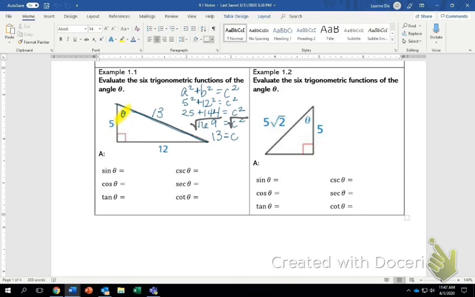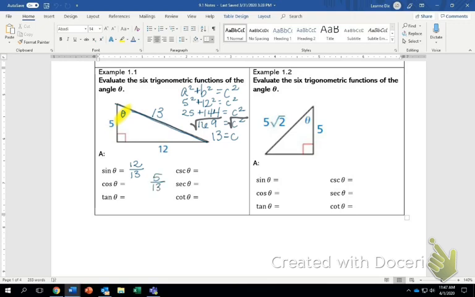It's hard to see now, but that is our theta, so we need to think about all of our information coming from that corner. All right, so our sine, remember, sine is opposite over hypotenuse, so my opposite is across the way, that's the 12, again, over 13, that's my hypotenuse. My cosine is going to be adjacent, and remember, it's the leg that's attached to theta that is not the hypotenuse, so that'd be 5 over 13.